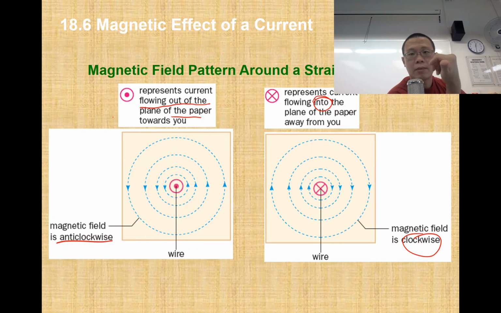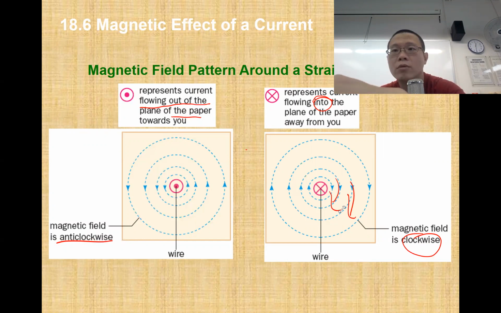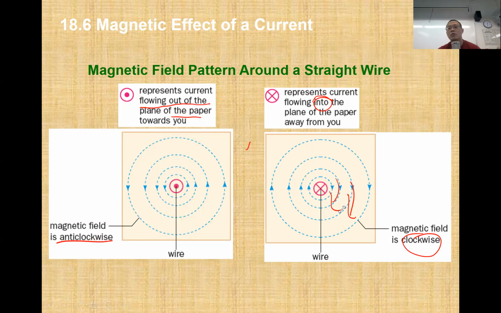I grip my fingers and you'll find it will flow in this direction. You will have this orientation, which is clockwise. So the fingers tell you the direction of the field lines, which will be clockwise. And this is how I use the right hand grip rule to tell the direction of the field lines from the current itself.